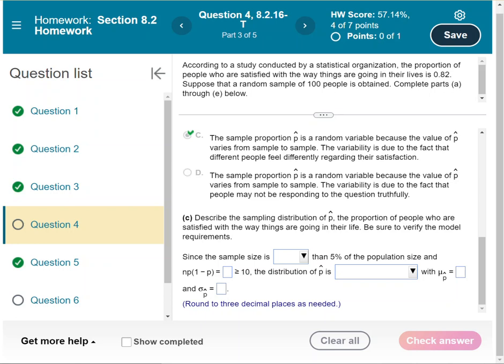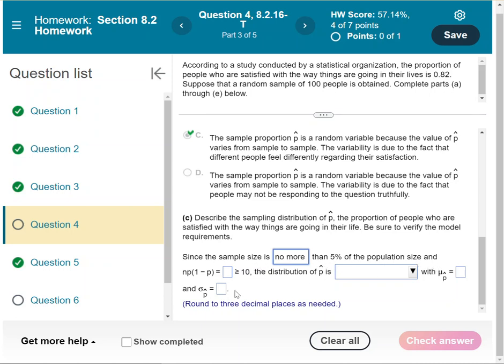We're going to have to assume that. So 100 over a very big number is going to be less than 5%. So that's going to be met. The sample size is no more than 5% of the population size.